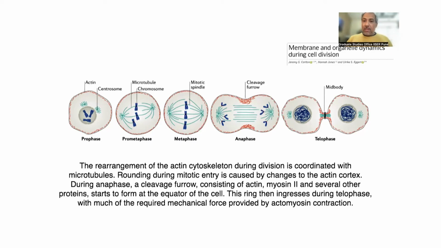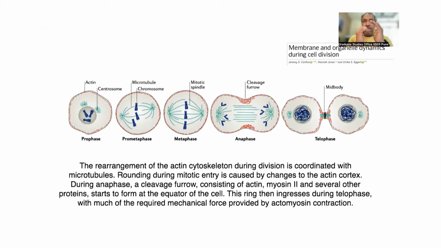The same happens during cell division as well. And there again, there is a ring of actin. And so the actin, along with the myosin, you remember we talked about the fact that actin strands can slide one above the other because of myosins that are attached to them.